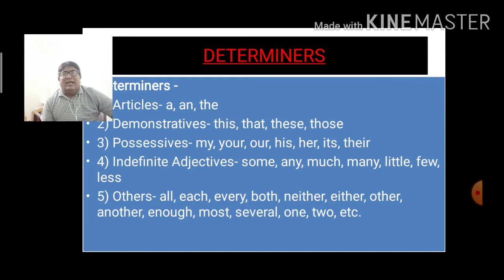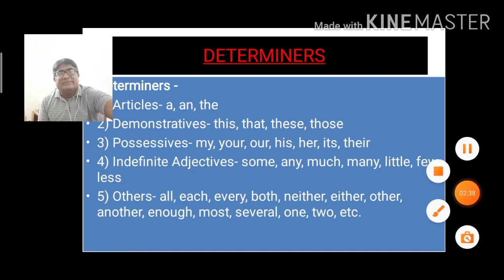They are called determiners: all, each, every, both, either, neither, other, another, enough, most, several, one, two, etc. So these are the kinds of determiners. Let's understand all the determiners one by one with examples.